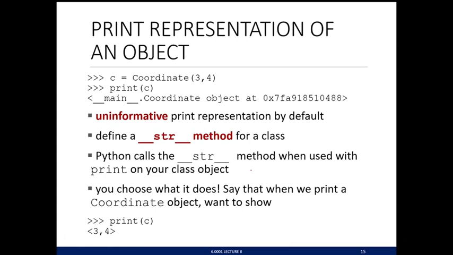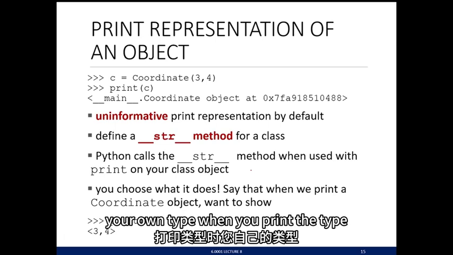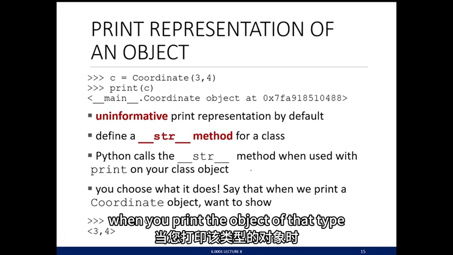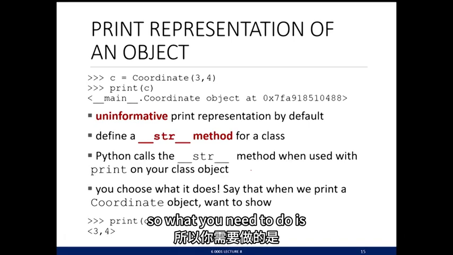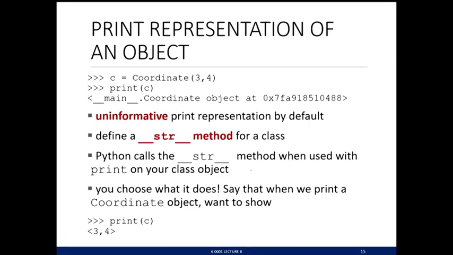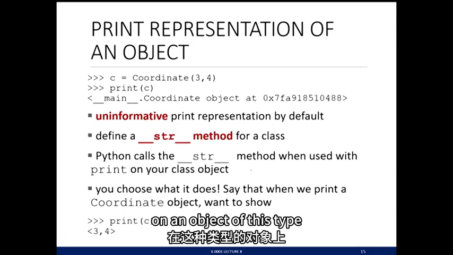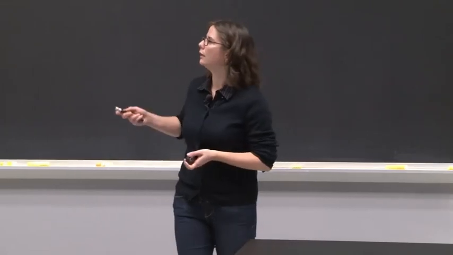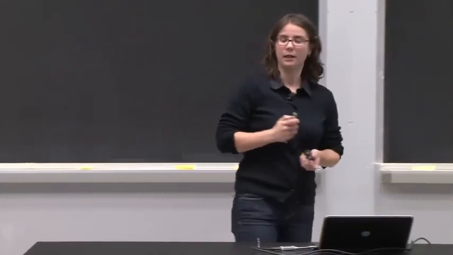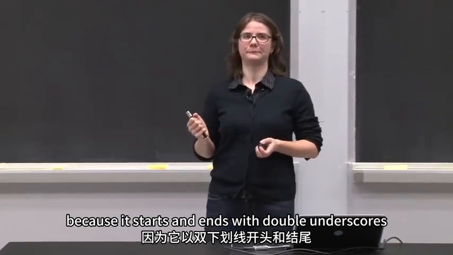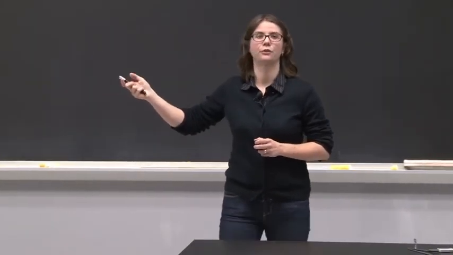Okay? So by default, when you create your own type, when you print the object of that type, Python tells you this sort of information, which is not what you want. So what you need to do is you need to define your own method that tells Python what to do when you call print on an object of this type. Okay? So this is going to be a special method, just like __init__ is, because it starts and ends with double underscores. And the name of the method is __str__.